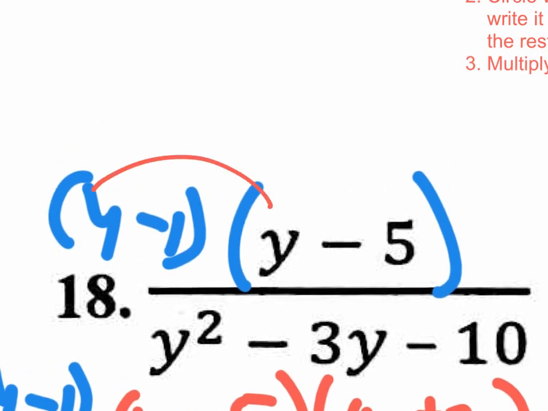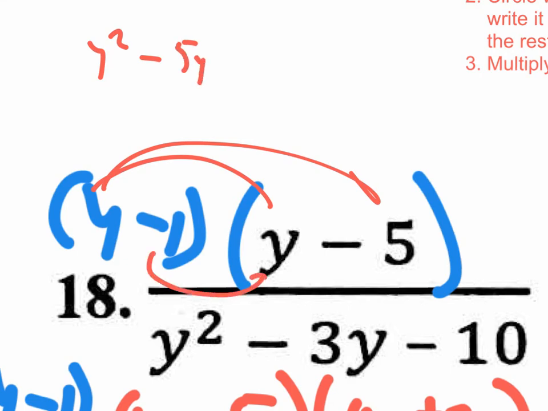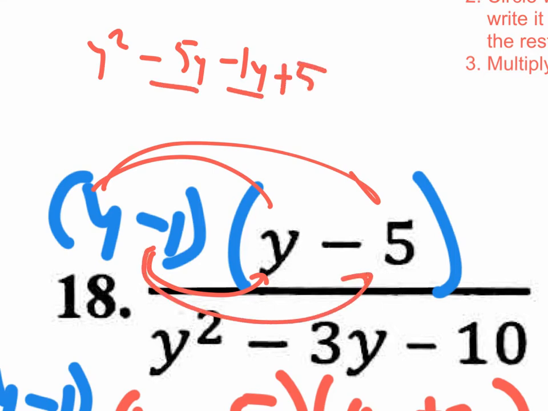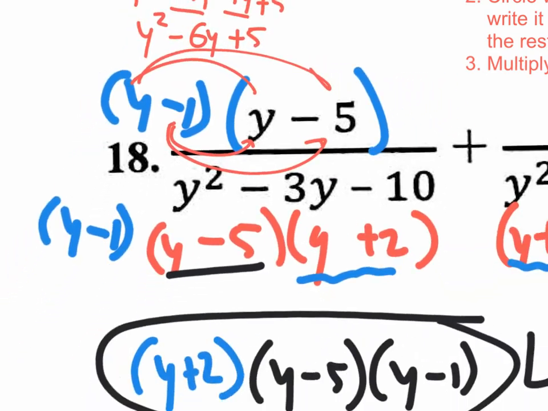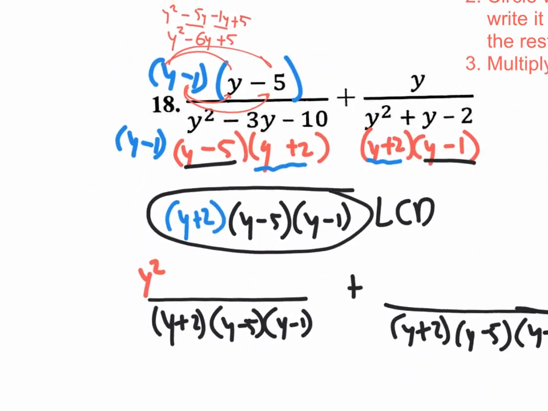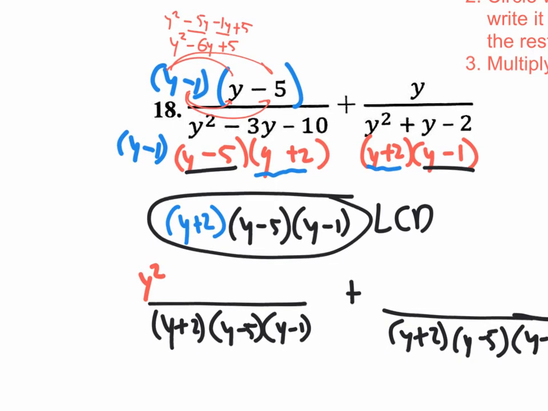So y times y is y squared, and then y times negative 5 is negative 5y, but then negative 1 times y, that's negative 1y, and negative 1 times negative 5 is positive 5. So when we combine the middle terms, we're going to get the quadratic trinomial y squared minus 6y plus 5. So that's what I'm going to write down as my numerator on my first fraction. Y squared minus 6y plus 5.